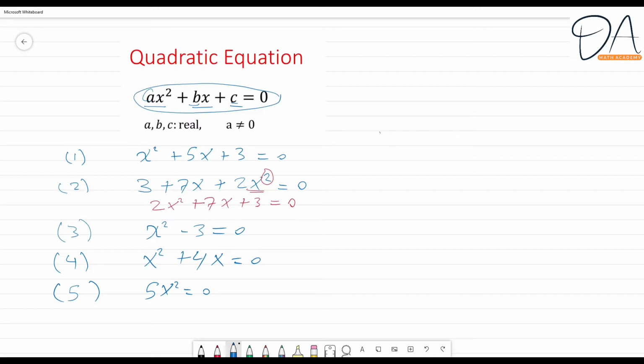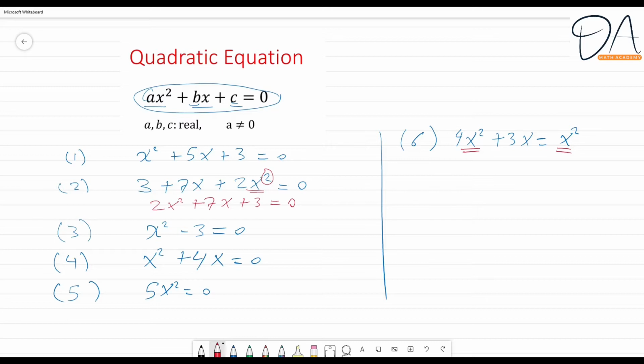Now let's look at also other examples. An example like this: 4x squared plus 3x equal to x squared. Now in this case, you can see I have actually two terms that are x squared. So is this quadratic? Yes, this is still quadratic.